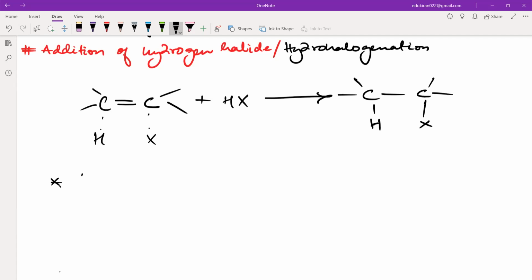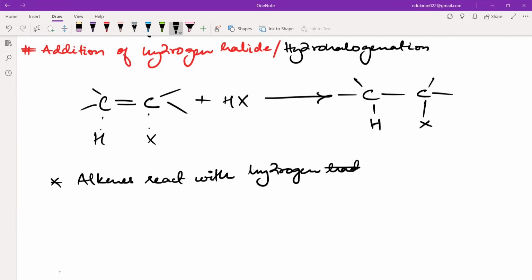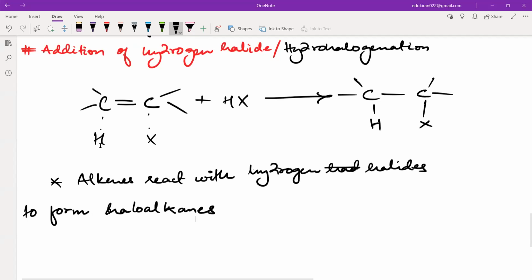So alkenes react with hydrogen halides to form haloalkanes. You have added an X here.